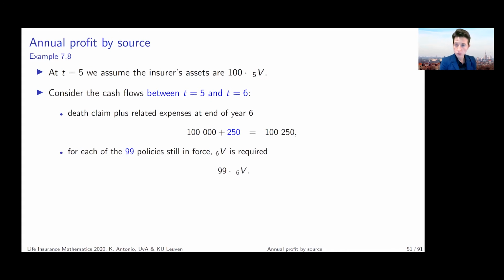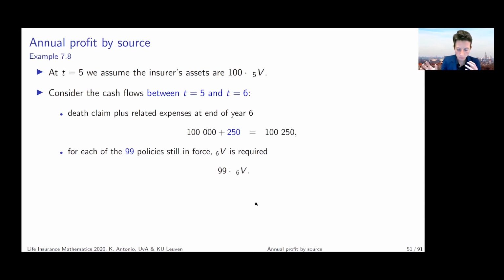Now, if one policyholder dies, it means that 99 policyholders are still in force at time 6. So for them, we need to hold the capital 99 multiplied with the policy value at time 6. And this policy value is the value that we calculate according to our policy value assumptions.